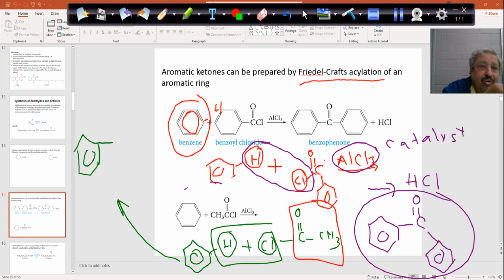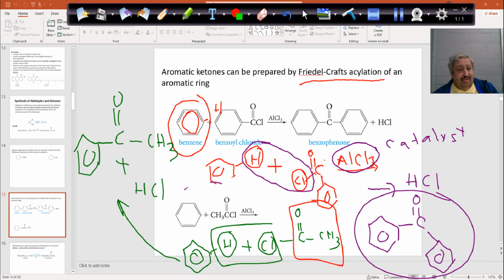correct? So C double bond CH3, of course, plus what? Plus HCl. So we have taken this one here, and this is the common name of this, methyl phenyl ketone.